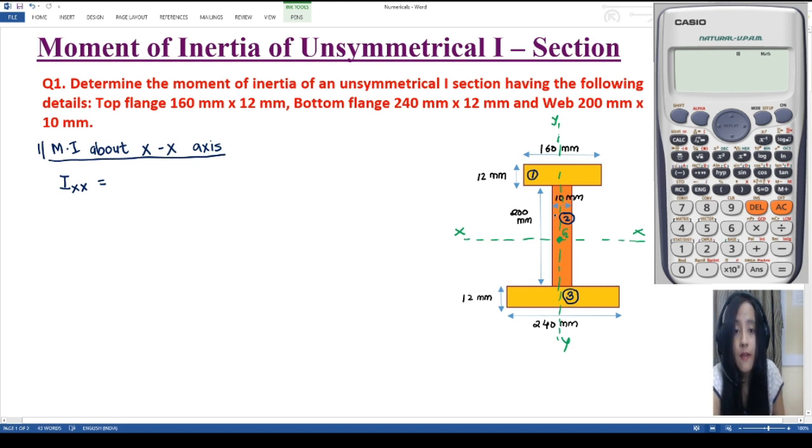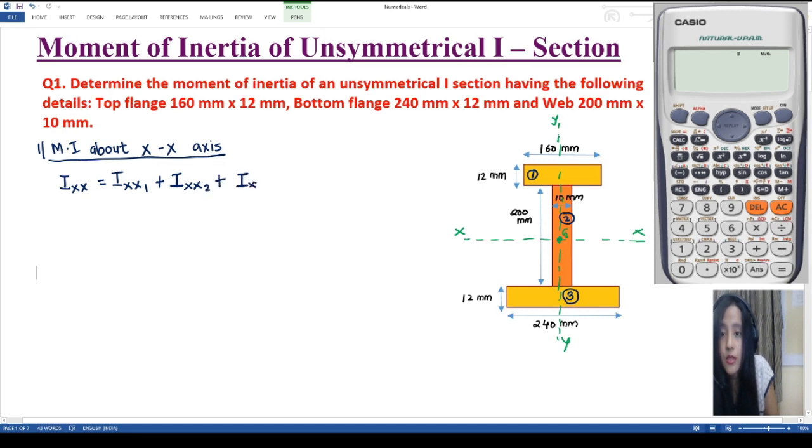Since I have three sections, my Ixx will be equal to the moment of inertia about the first section, that is my flange portion, Ixx1, plus the moment of inertia about my web portion, Ixx2, plus the moment of inertia about the third section, the bottom flange, Ixx3.